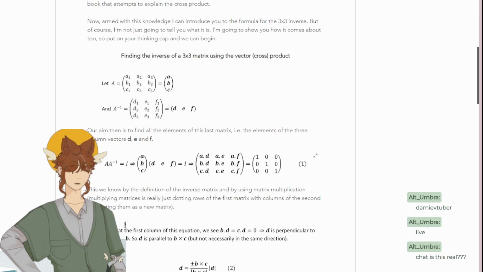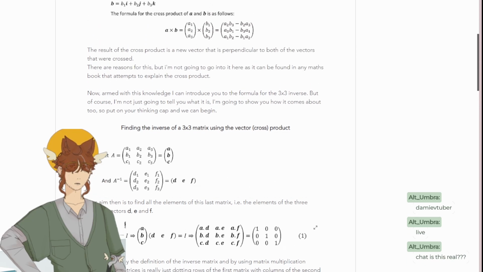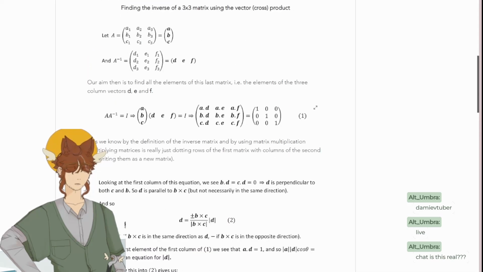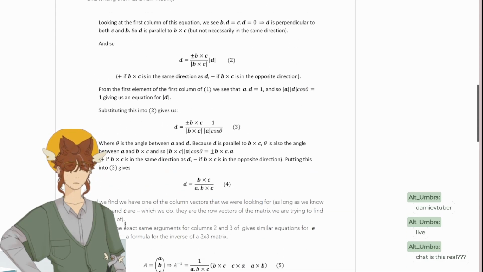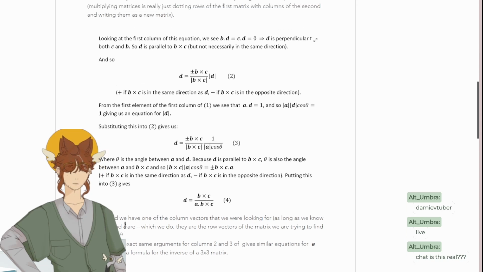Oh, are those dot products? Oh, I think those are dot products. Sure, okay, yeah, they're dot products. So AD cos theta equals 1. Okay, why is it 1 over A cos theta?